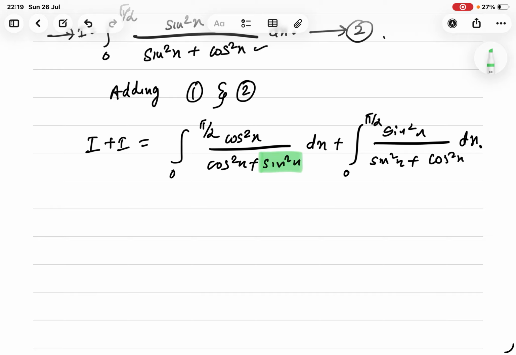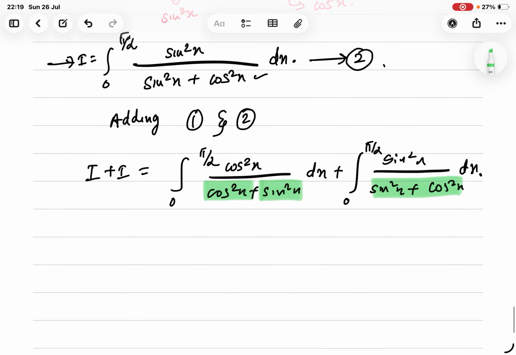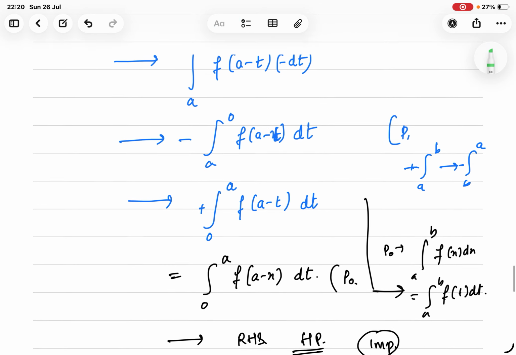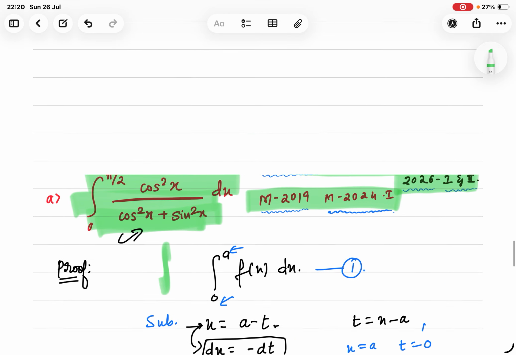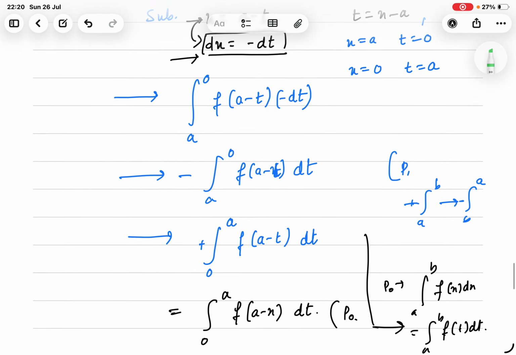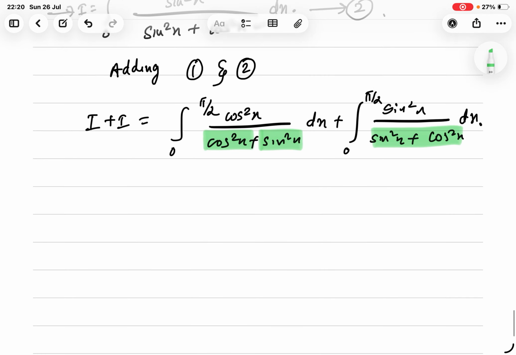Now both the denominators are sin square x plus cos square x. You can see here, that is nothing but sin square x plus cos square x. So you have to use the formula.